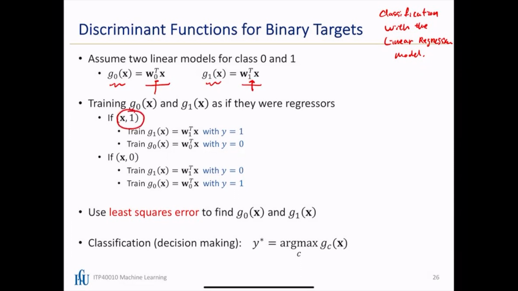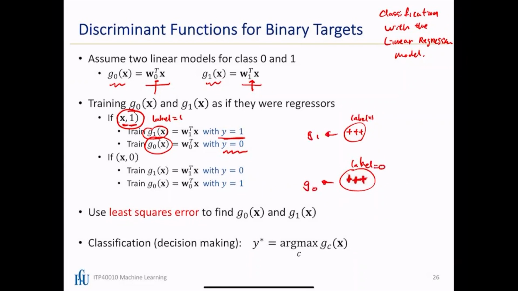For the positive instances, those labeled 1, x and 1 go into G1, and the same x, with the output value modified, x and 0, goes into G0. So the positive instances pair with label 1 for G1, and the same data pairs with label 0 for G0.